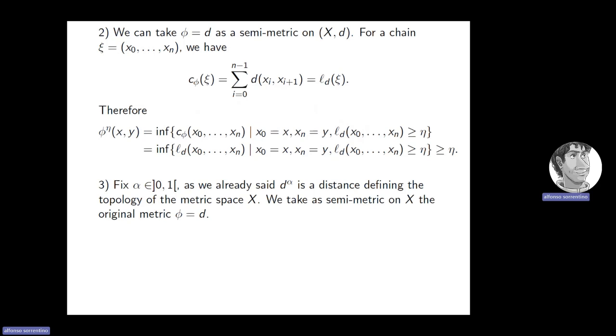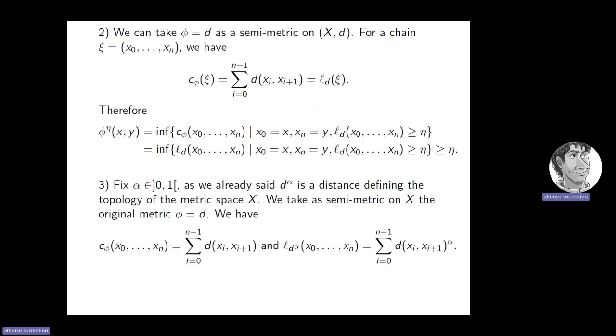So we can take as semi-metric d, and as distance d alpha. In that case, the cost is just the sum of the distances, and the length is the sum of the distances to the power alpha, because the distance on the space is given by d to the power alpha.